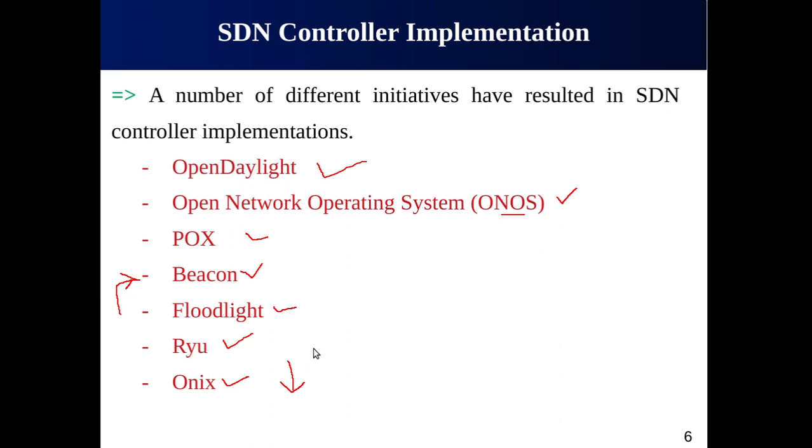In the list, I think the most significant controller is OpenDaylight, and ONOS is also an important one. So later in this lecture, we will study the OpenDaylight architecture in detail.